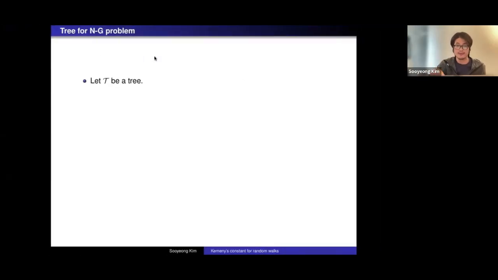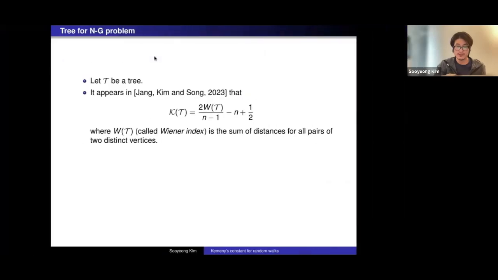And let's think about trees. There's an interesting result that Kemeny's constant is related to another graph invariant, which is called the Wiener index. This is the sum of distances over all pairs of two distinct vertices. This definition is not necessarily for trees, actually; it is for graphs in general. But when it comes to trees, Kemeny's constant is related to this.